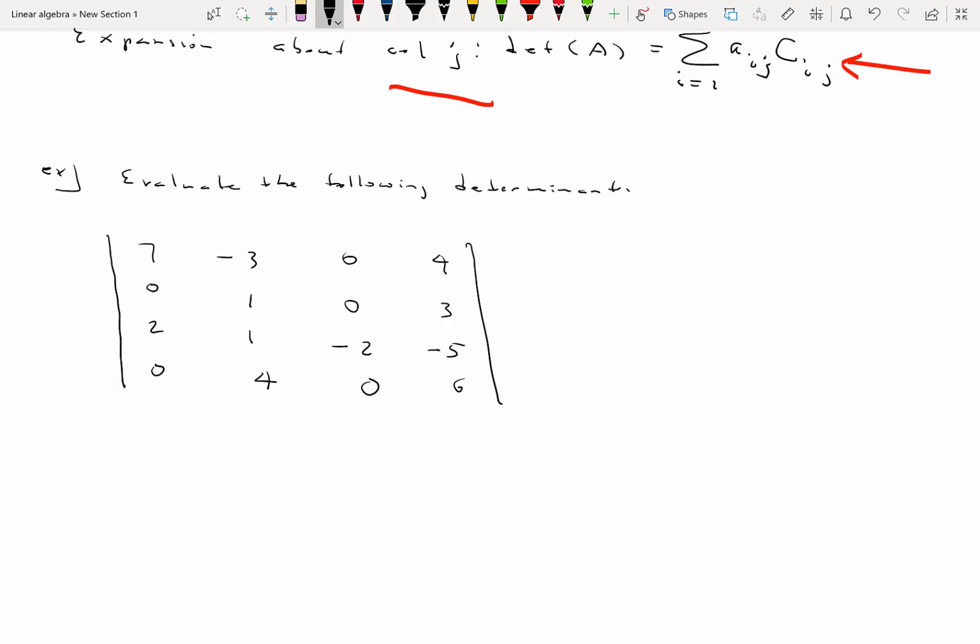And each of those 3x3 determinants requires the evaluation of 3 2x2 determinants, and so forth. So you can imagine that if we were evaluating a 25x25 determinant, the total number of operations would be staggering.